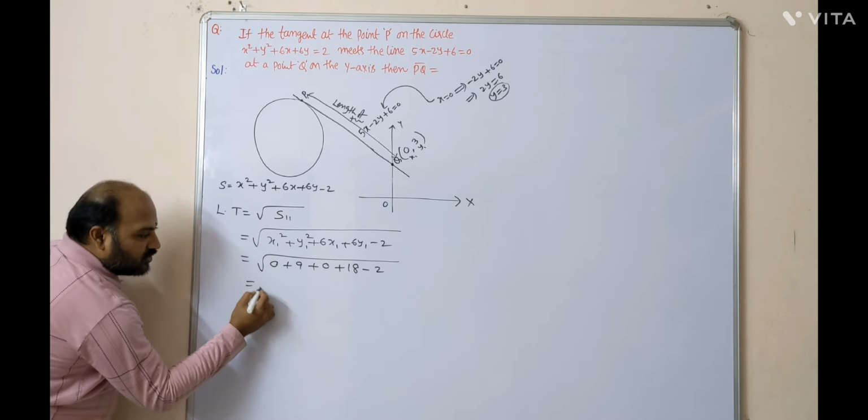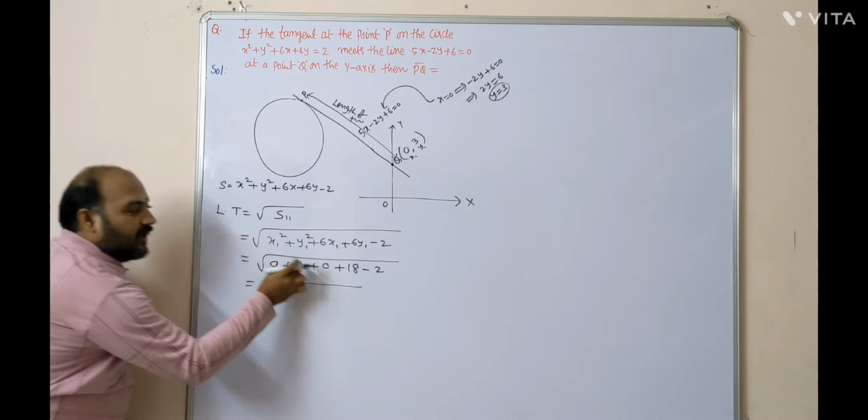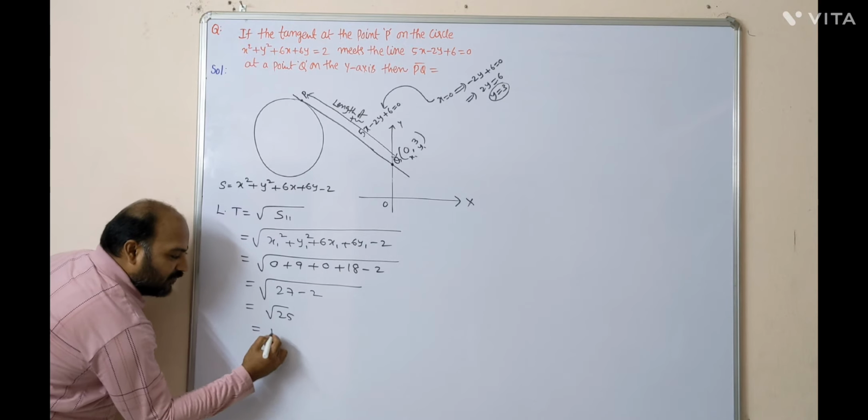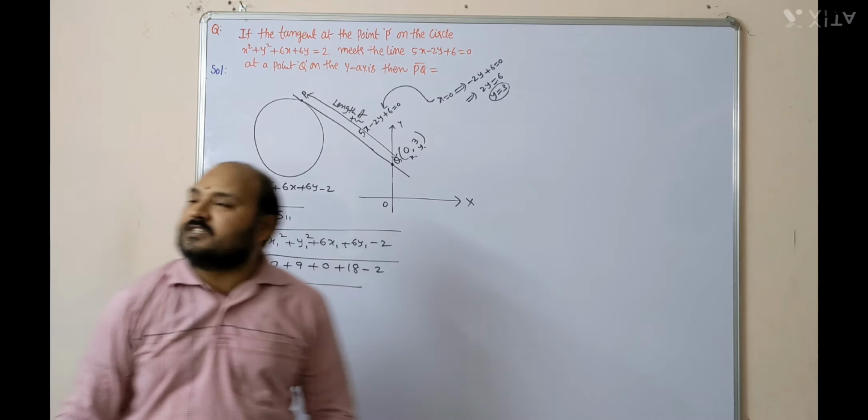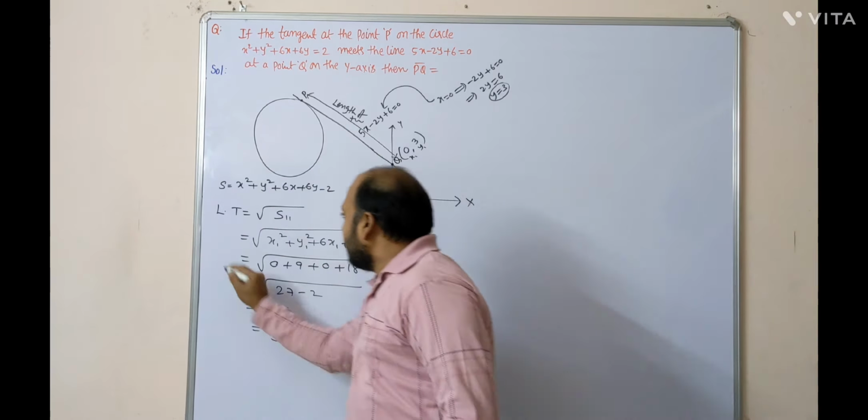So root over 18 plus 9 is 27, 27 minus 2 is 25. Root 25 is equal to 5. Therefore, the length of tangent, from the figure, is PQ. So PQ equal to 5.